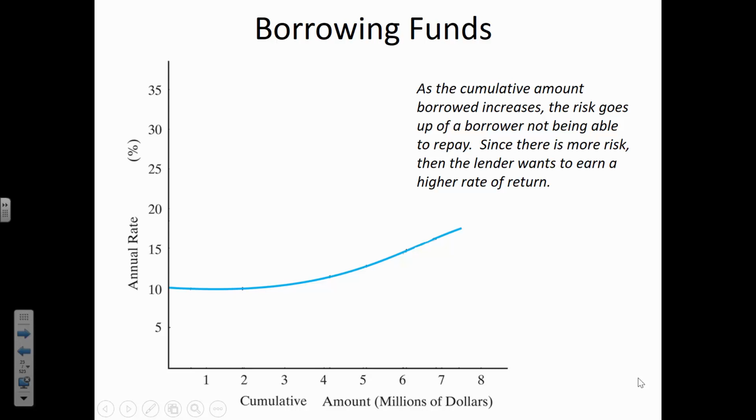So here, the main phrase is not being able to repay. That's the risk. The risk is that the borrower won't be able to repay, because their income is getting closer and closer to the amount they have to give to the bank.